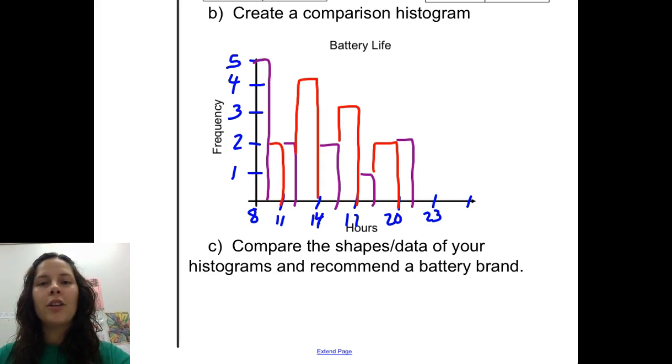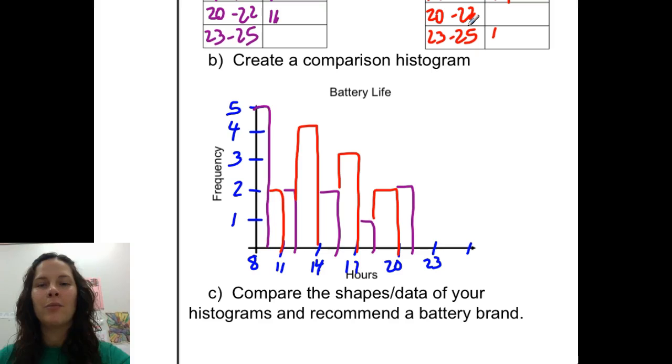brand 2. In a histogram, your bars should be touching unless there's no data. So I will not draw a bar for brand 2 in this interval, and I will not draw a bar for brand 1 in the next interval because the 23 to 25 range didn't have any data for brand 1. So jumping over to the second half of the interval, I will have a bar of 1 for brand 2.